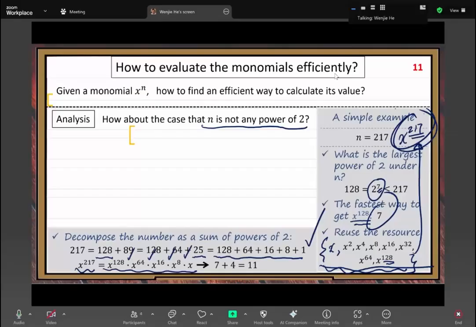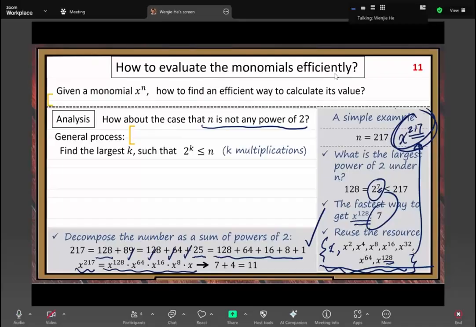All right, the general process. Let's look at the summary here. Find the largest k such that 2 to the k is less than or equal to n. Preparation: because you need to build that resource pool, in the first round you need k multiplications to build your resource pool.